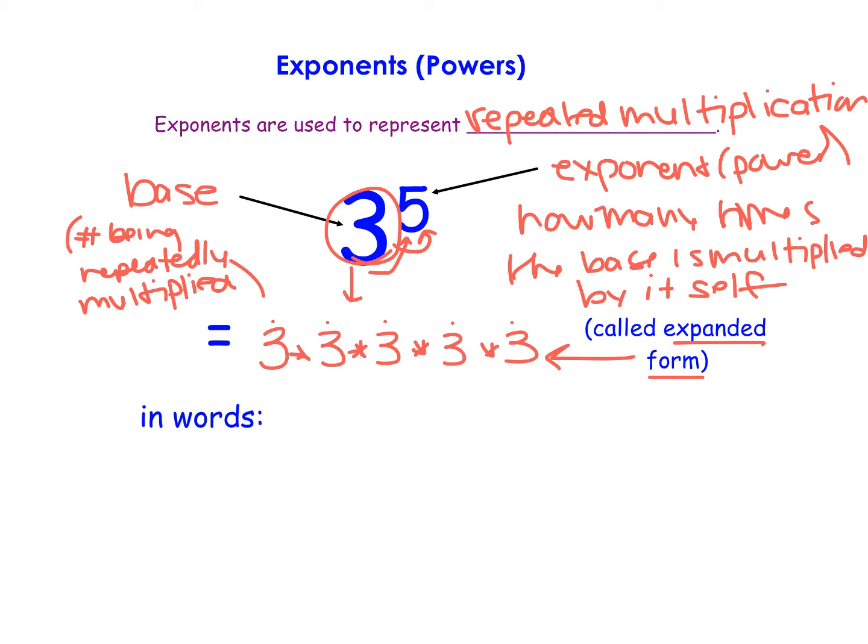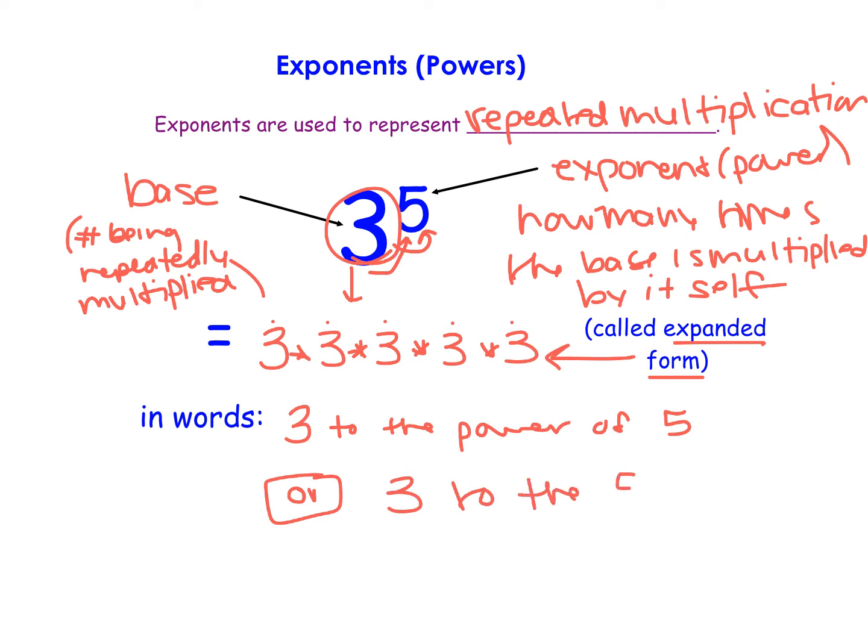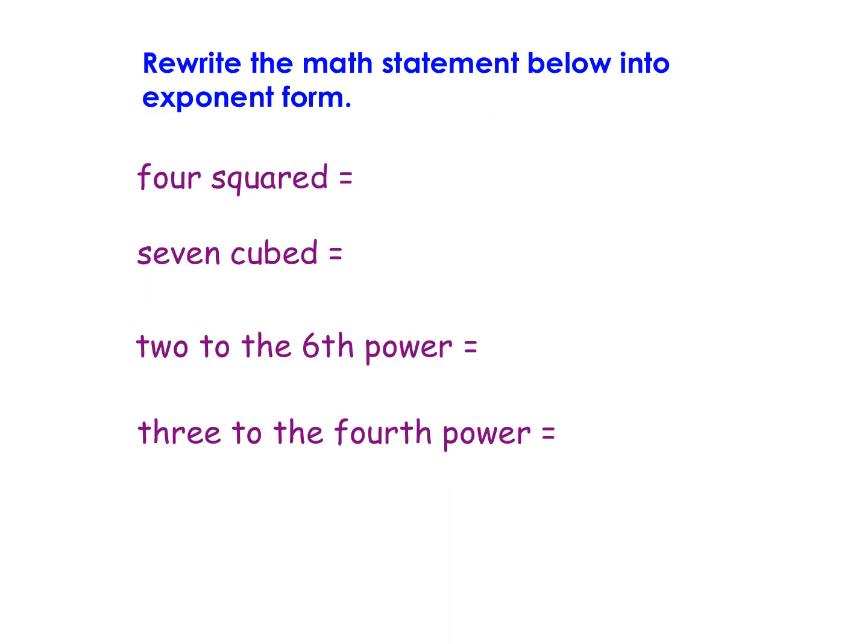Now, in words, the way that you should be saying this is 3 to the power of 5, or you can say it as 3 to the 5th power. But that's how you'll hear it in the world of mathematics. So be aware of those vocabulary terms and how to convert from exponent form into expanded form.